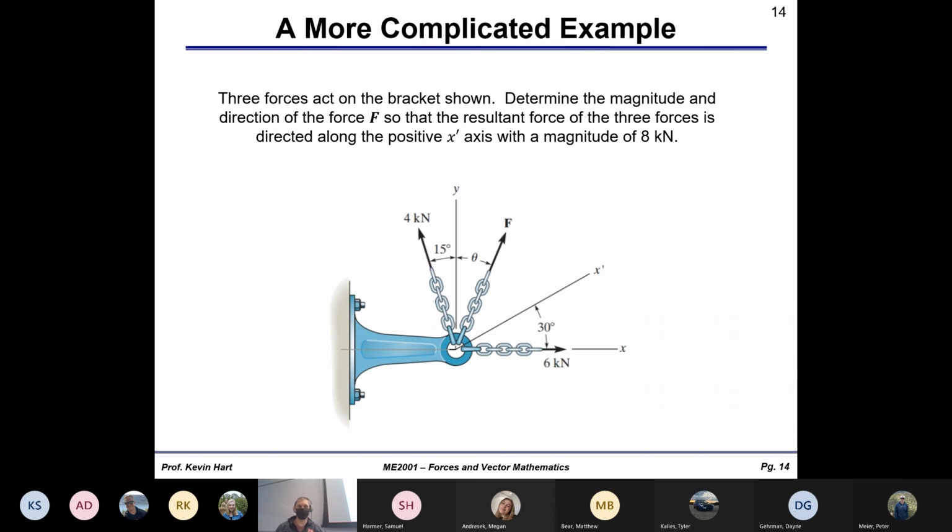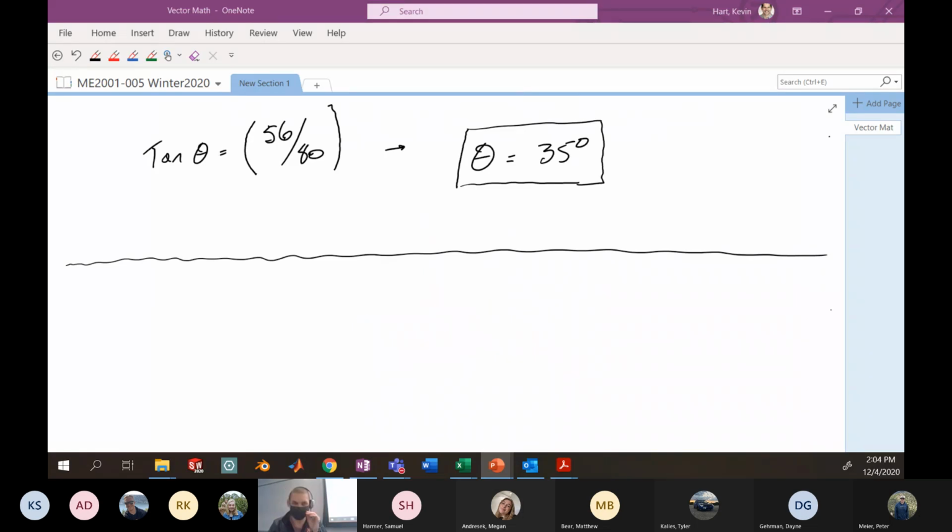Just think about it. Don't know that angle theta, don't know the magnitude of F. Oh, it would be a nightmare. Okay, so I'll copy this over to the writing pad here, and we'll work on it.